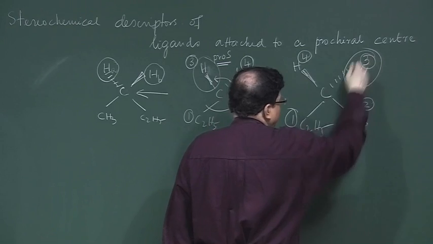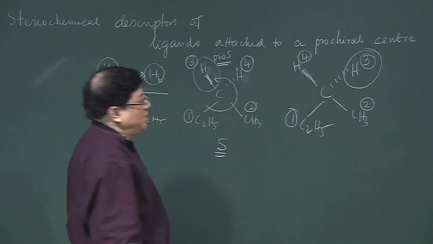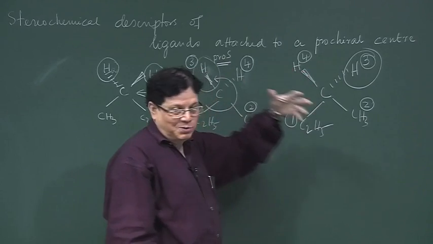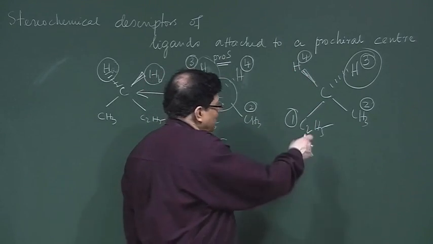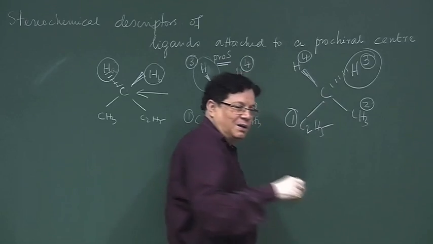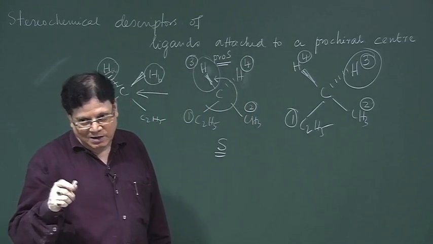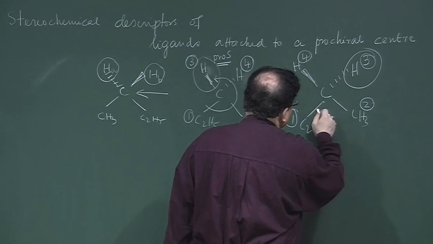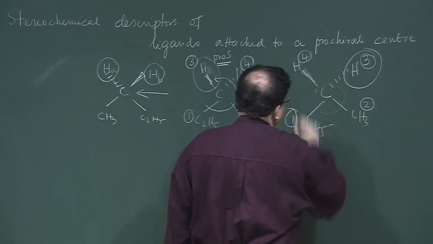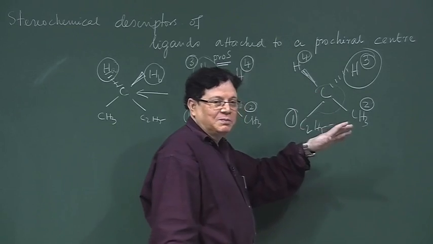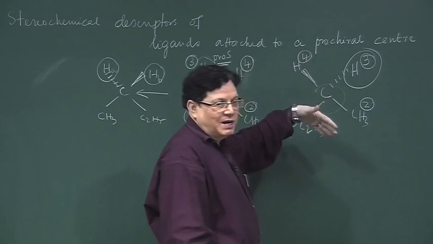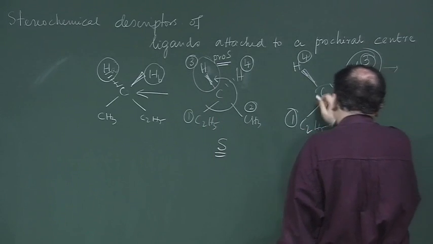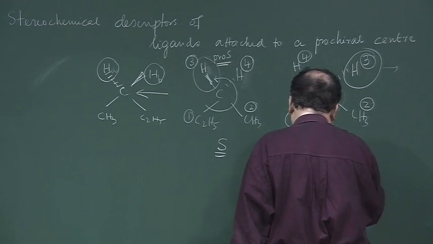Now you have to be careful, because your H4, the fourth group, is now towards you. So, whatever you see, you have to reverse in order to assign the configuration. So, this is 1, 2, 3. It is going anti-clockwise, but actually it is clockwise when seen from the back side, that means away from the fourth group. So, this configuration is now R.